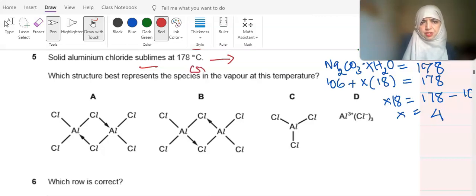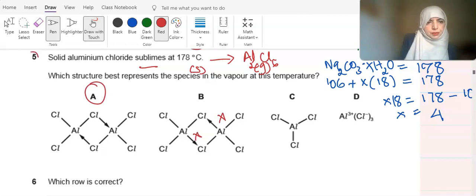It just changes its state from solid to gaseous. So if it is Al2Cl6, it remains Al2Cl6. So your option A is correct. Why not B? Because the direction of the dative bond is wrong here. I hope you understand this question.